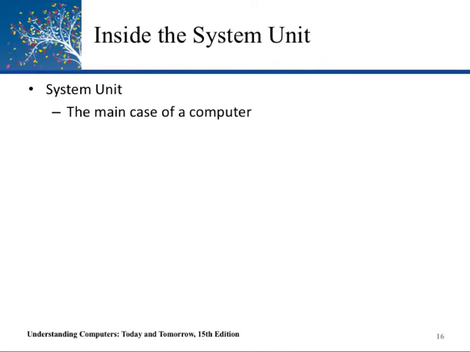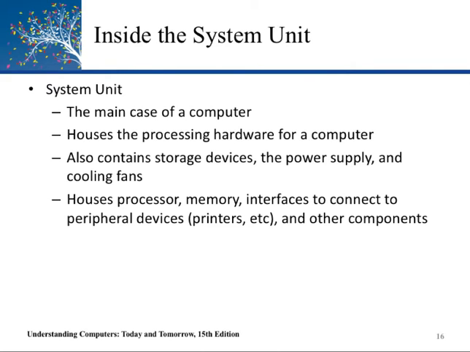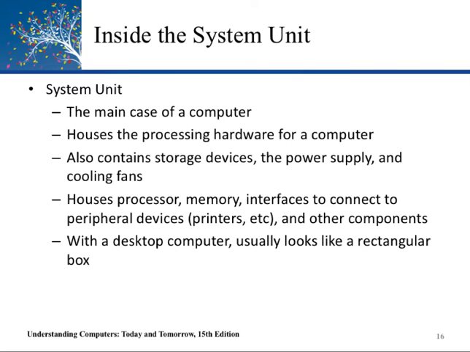It is the main case of the computer, and it houses the hardware used for processing, storage, the power supply, and it even has a processor in there. And that processor uses memory. It has interfaces to connect the processor to different peripheral devices like printers. And with a desktop computer, it's like a rectangular box. It's probably on the floor, okay?